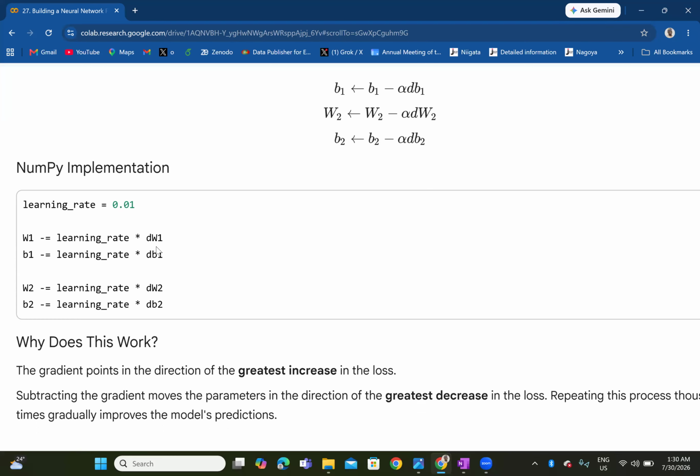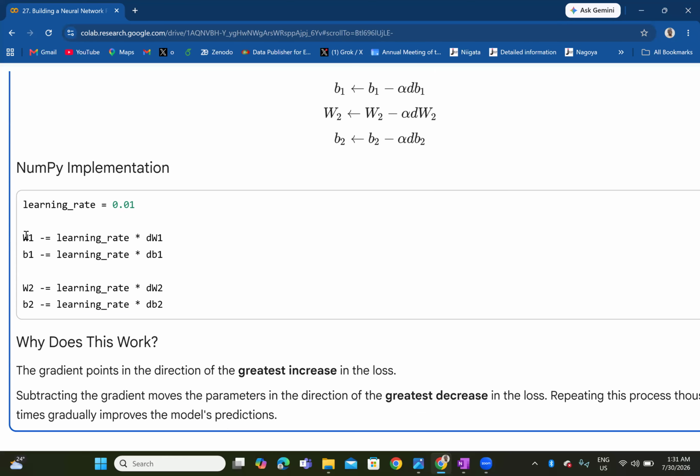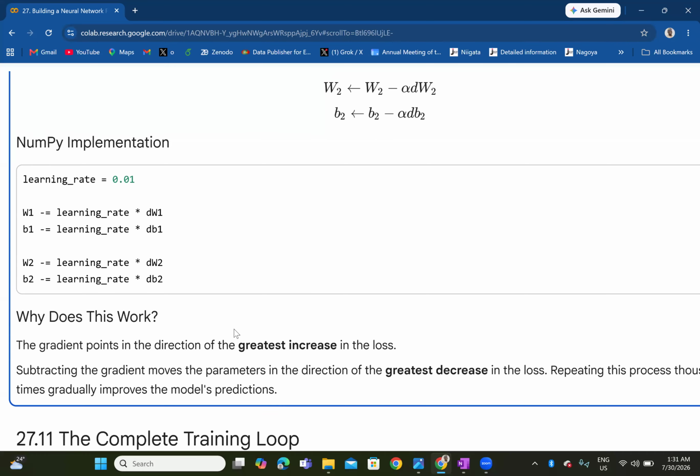That means whatever you get here, you subtract, you go back and you get a new W1. So this minus equals means that the weights and b1 will keep being adjusted until you get what it should get.